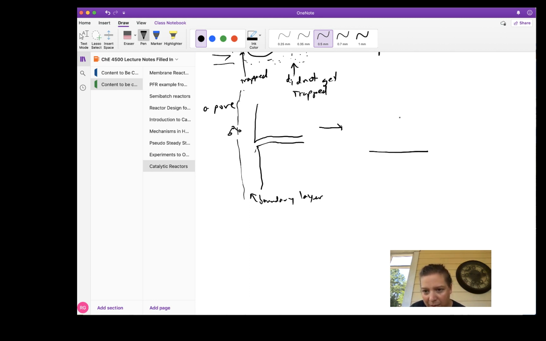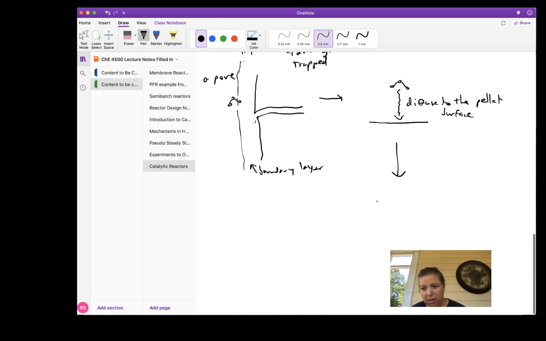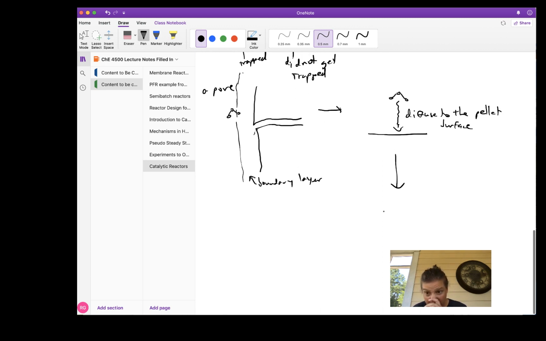So what's happening there, we have a molecule in the boundary layer, and it's going to diffuse to the pellet surface. Once it does that, it's going to have to diffuse into this pore.